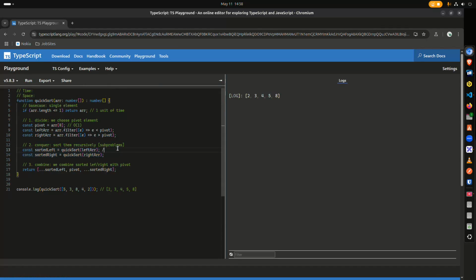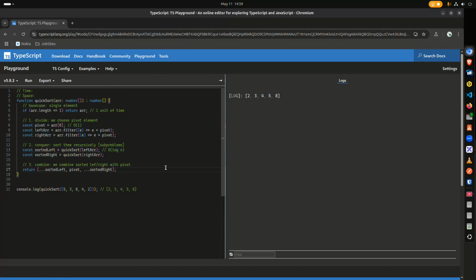So this takes O(log n). Why log n? Because it creates a binary tree type structure where it divides a single problem into two subproblems, and that's the reason why it's O(log n). This is a call stack, and the call stack takes log of n.